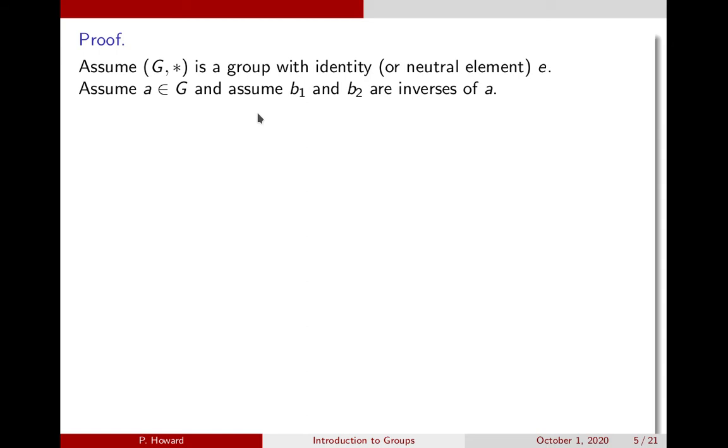So we're assuming B1 and B2 are both inverses of A. And we want to argue that B1 has to be equal to B2. This is the normal way of showing that there's only one object of a certain kind. You assume there are two and show they have to be equal. So A star B1 has to be the identity because B1 is an inverse of A.